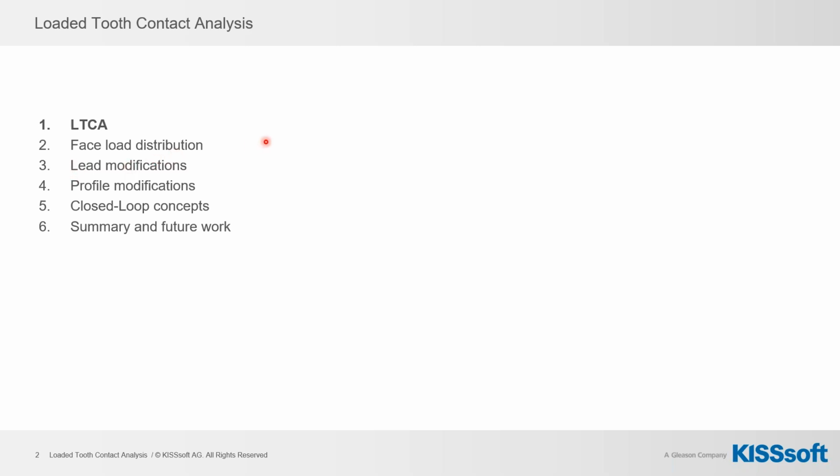Then we will speak about the design of profile modifications, such as tip relief or profile crowning, in order to reduce noise excitation, contact temperature, stresses, and so on. And last but not least, we will talk about something relatively newly developed, the closed loop concepts, where we are going to speak about how to integrate results that you get from metrology, from inspection machines, into your simulation models.